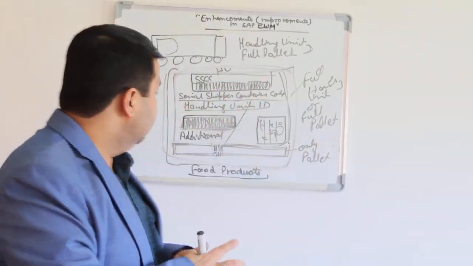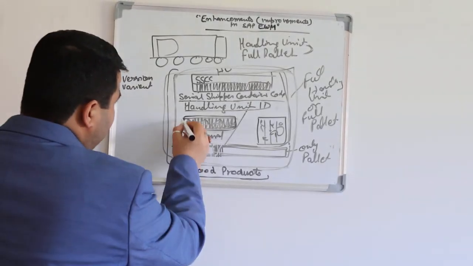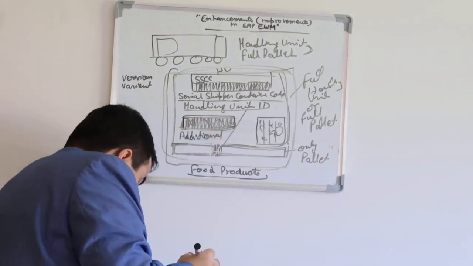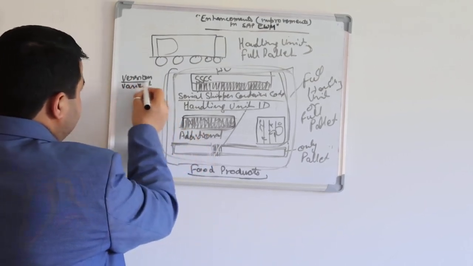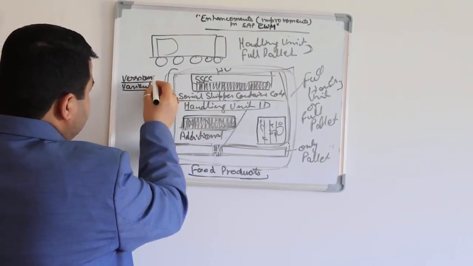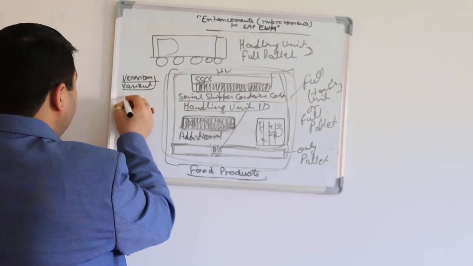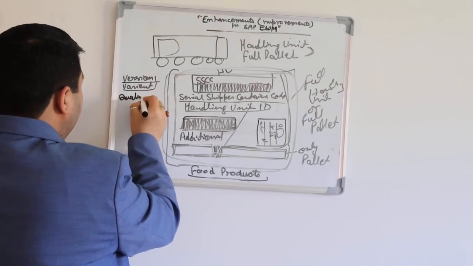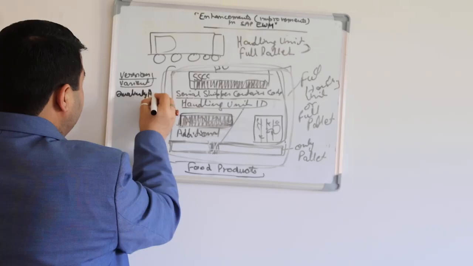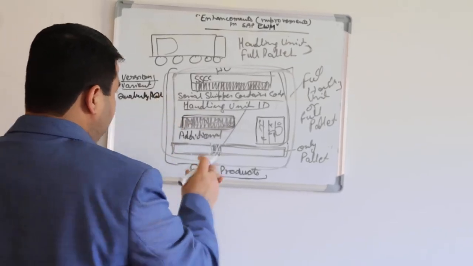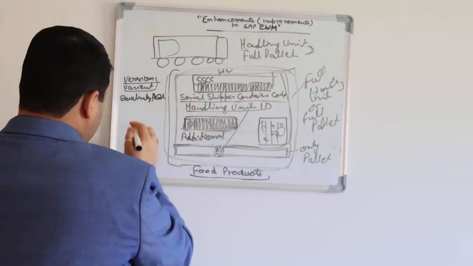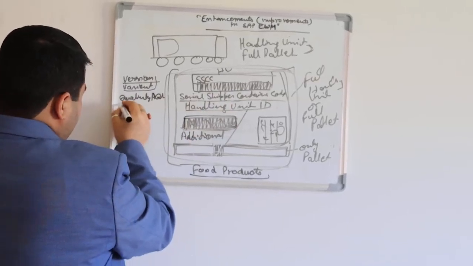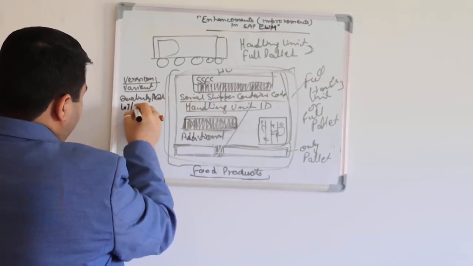So in this barcode the vendor sent us the different version, which is nothing but a variant. Also we have the quantity, meaning the actual product quantity inside this box, and the lot number or batch number.